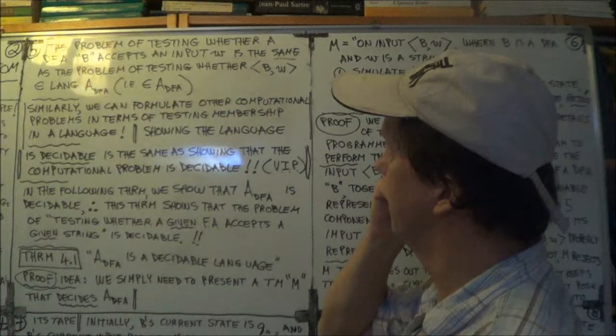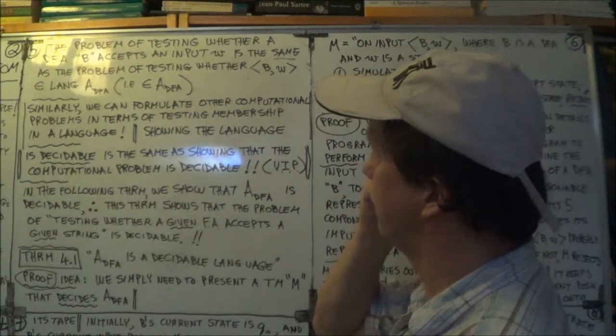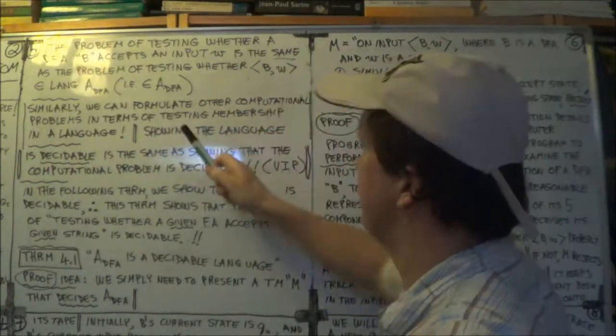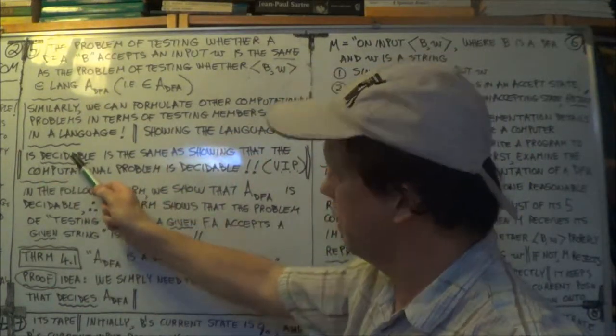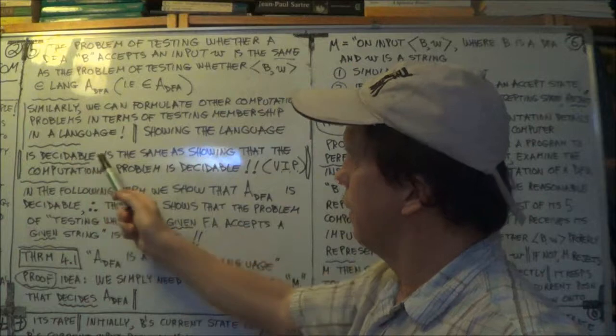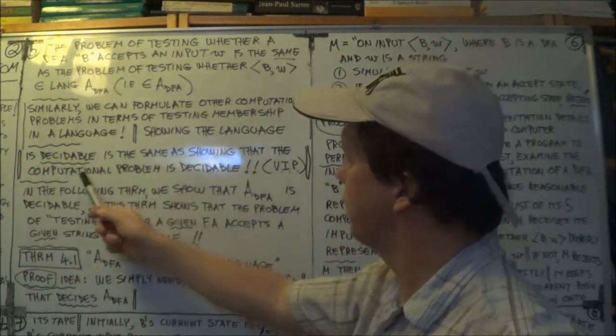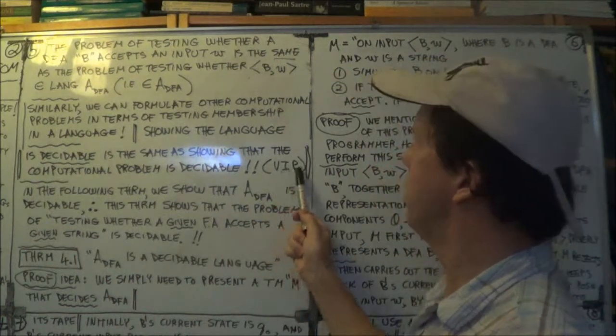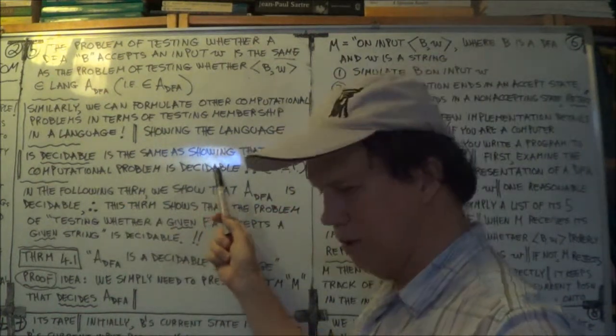I hope you follow that. So this is what I'm saying effectively. Showing the language is decidable is just the same thing as showing that the computational problem is decidable. Very important.